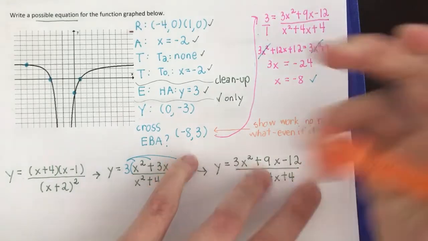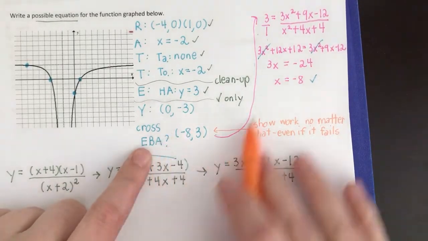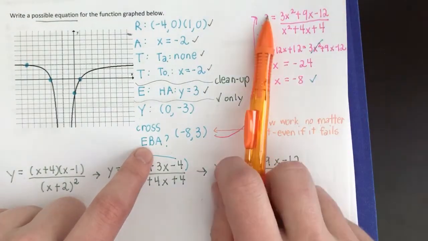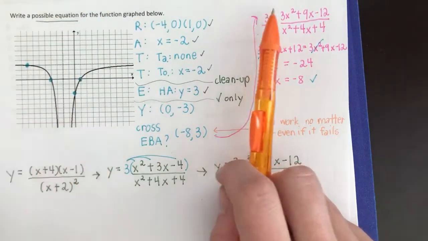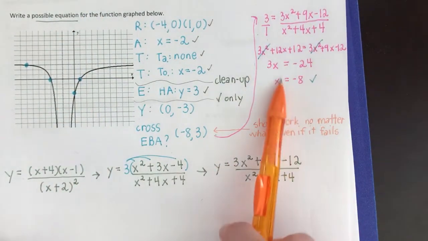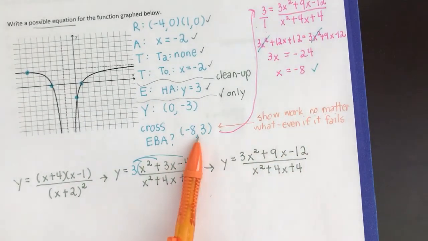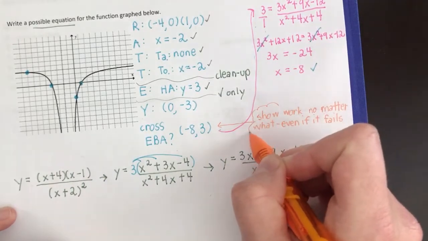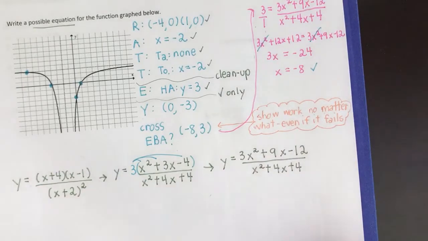Meaning even if you don't have that cross EBA, you need to verify that when you set the asymptote, whichever it may be, oblique or horizontal, equal to the function, you show that it's not a true statement, because that would prove that you don't cross the EBA. So show work for this no matter what, even if it fails. You have to prove that it works.